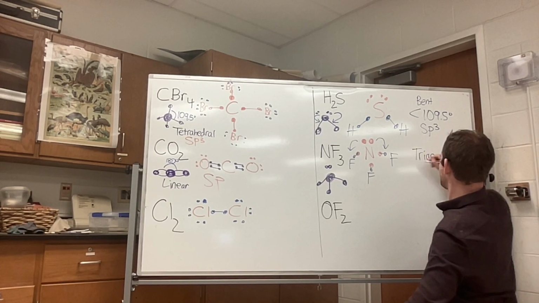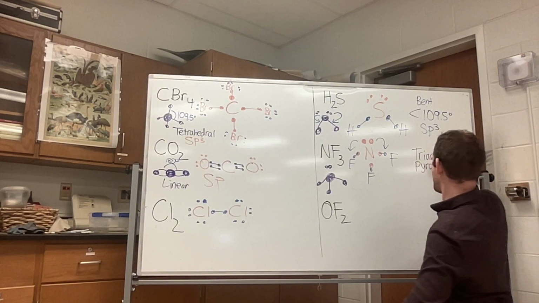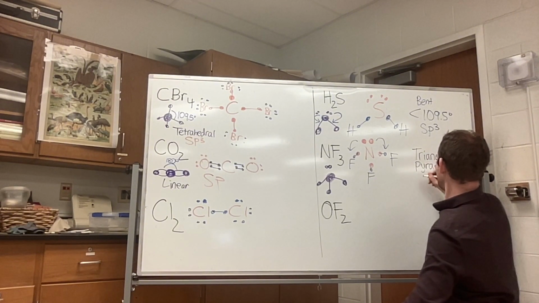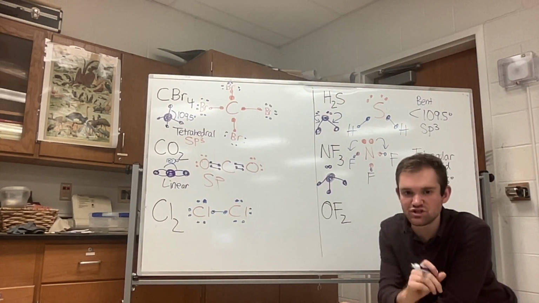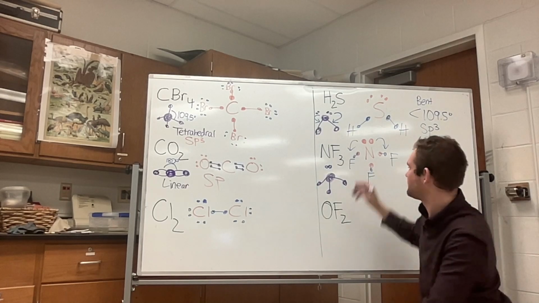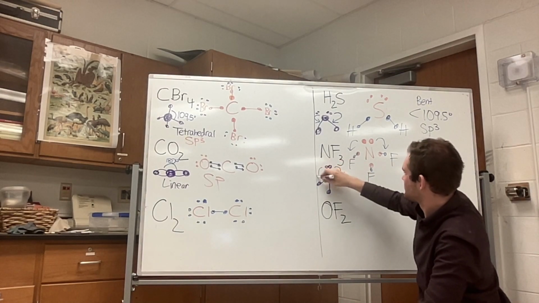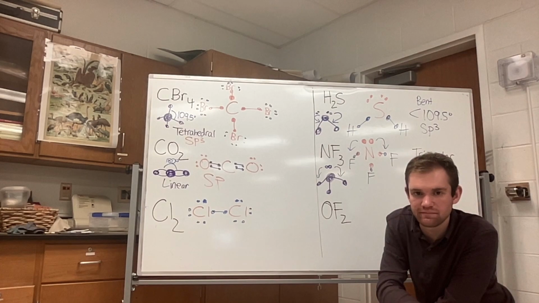And a triangular pyramid is going to have a bond angle, again, that's less than 109.5. Because again, that lone pair is shoving the bonds down. That's what's going on there.